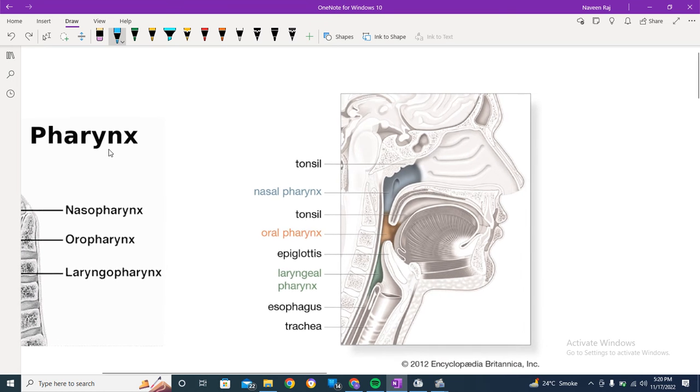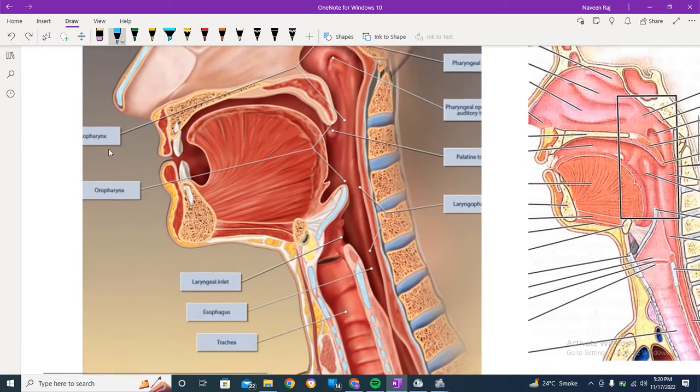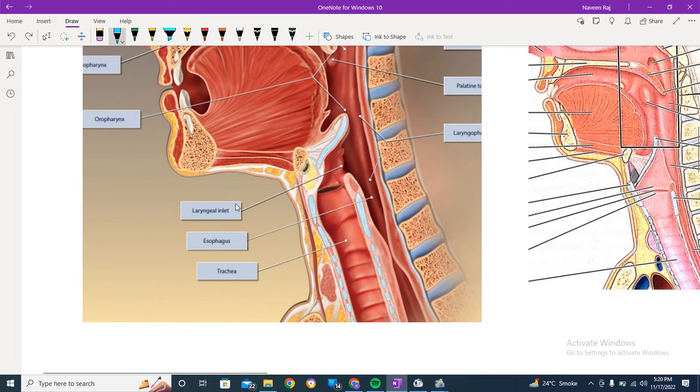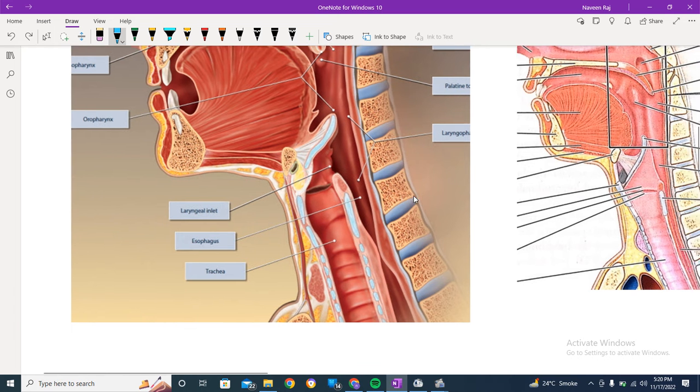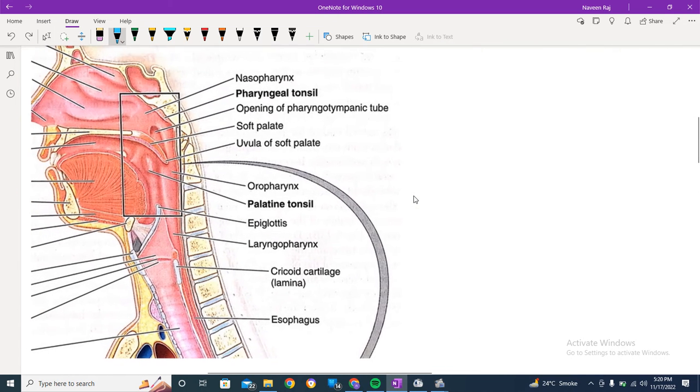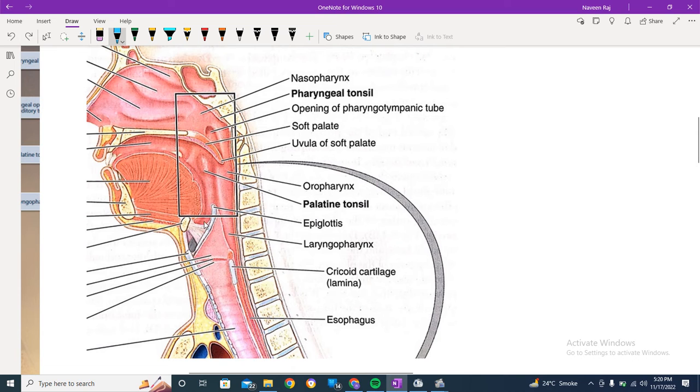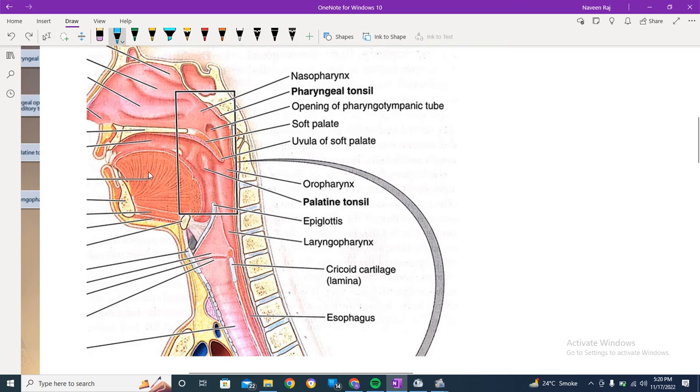Let me look for a diagram if I can find one. Maybe this one. Yes, this extends from this region and goes till here in the larynx, and this means it works as our throat.